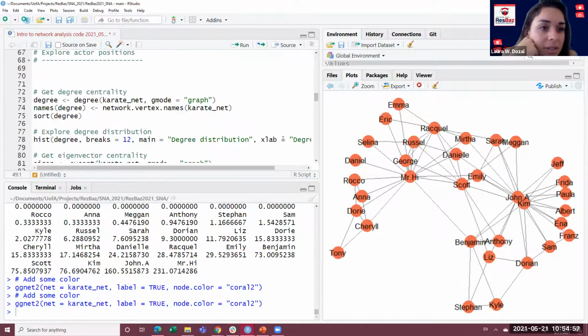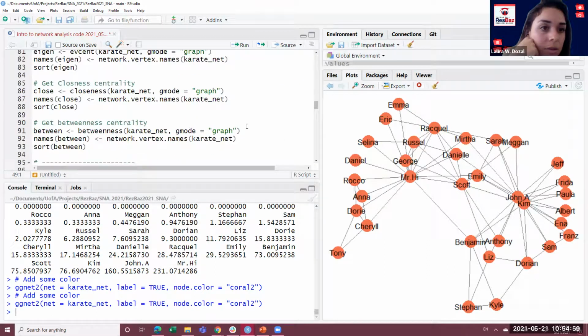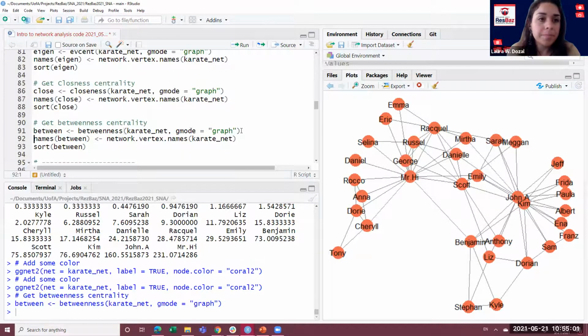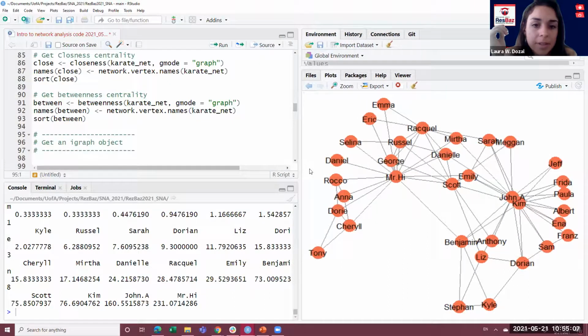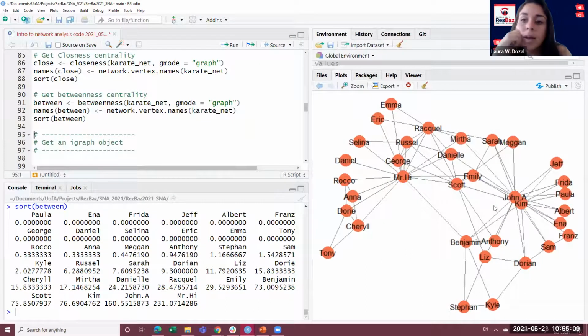So let's go back to betweenness. Okay, so hopefully we can see. No, that's not a good look. Okay, here I guess it's fine. We have Mr. High, who has the highest betweenness, which means people need to go through him to get to others within the network.